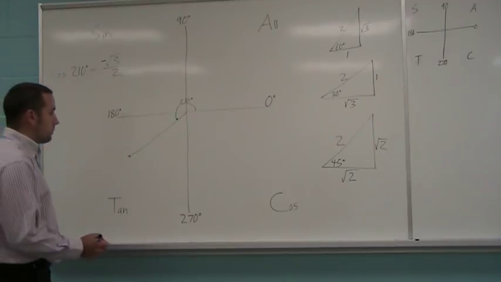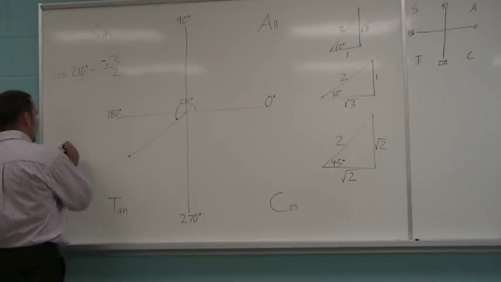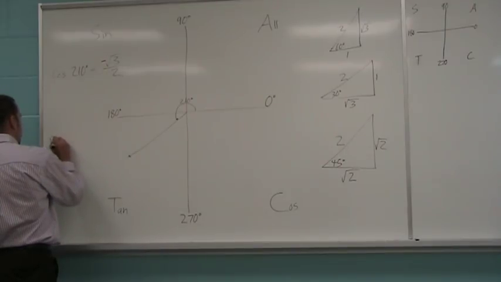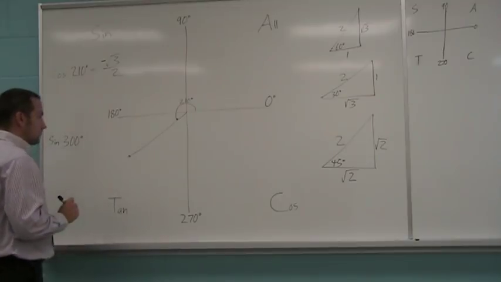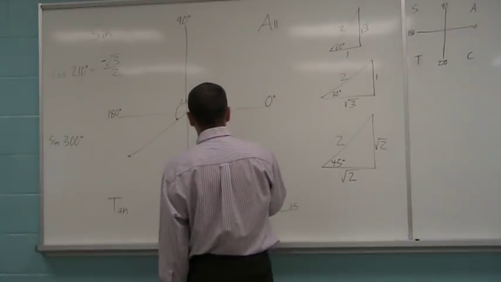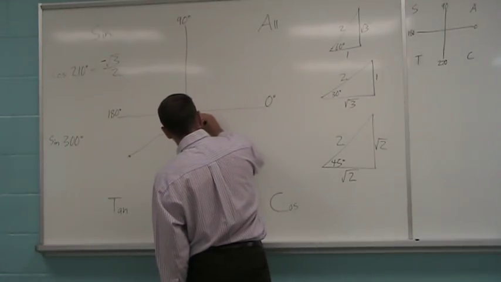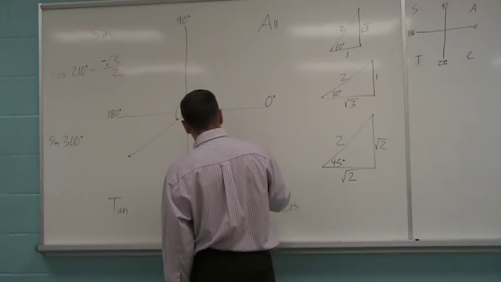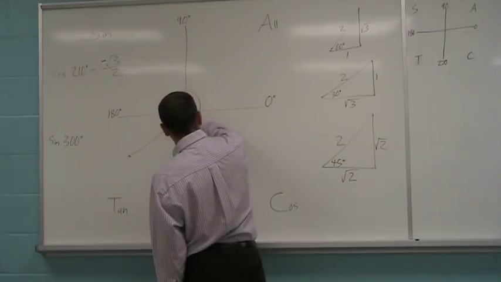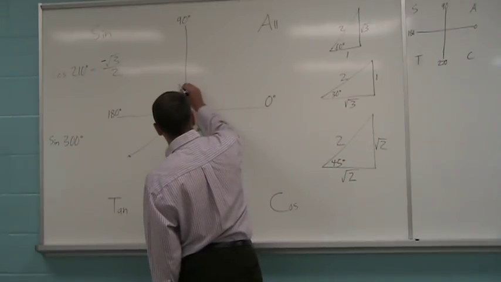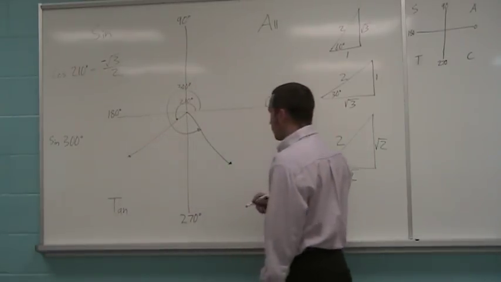Say, for example, let's go with the sine of 300 degrees. So I mark my 300 degrees in. So this would be 300 degrees.